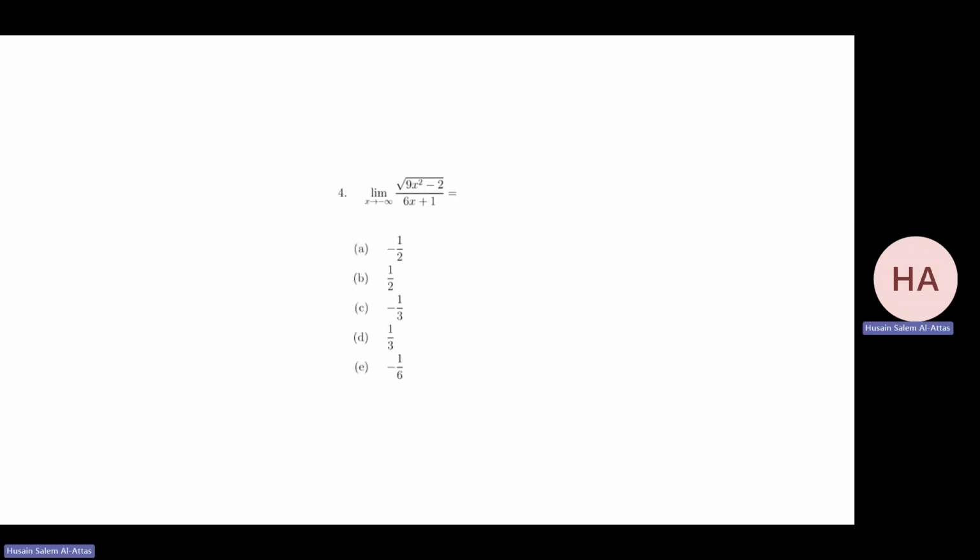Easy one. This limit, you need to take a common factor. Limit as x goes to minus infinity. Take x squared, 9 minus 2 over x squared. Take x, 6 plus 1 over x.